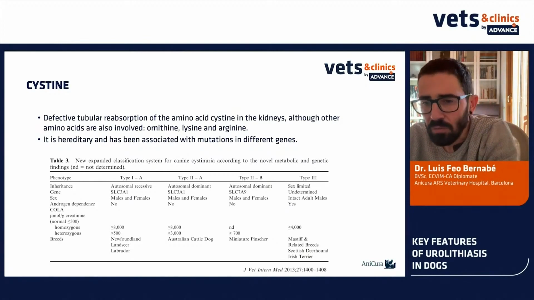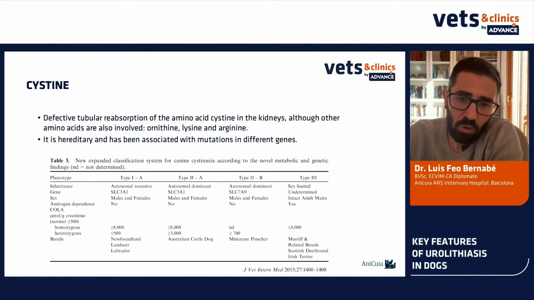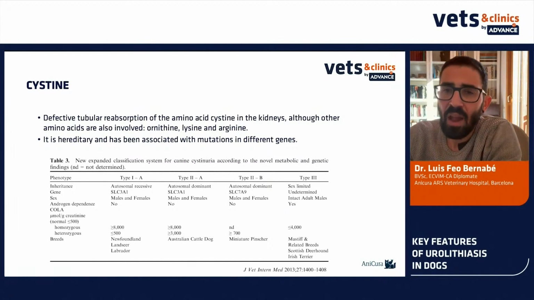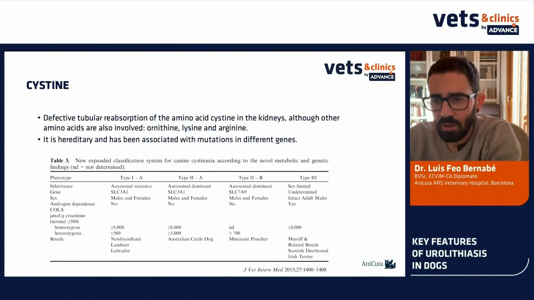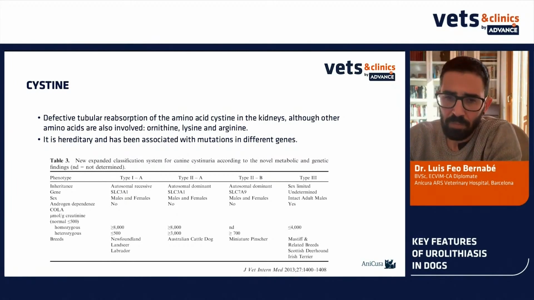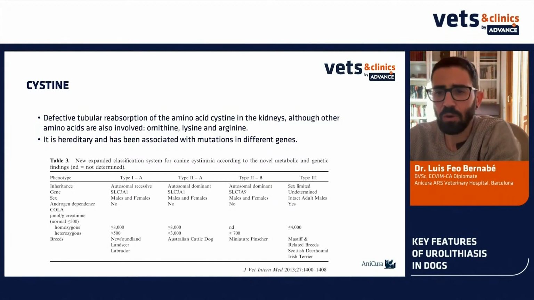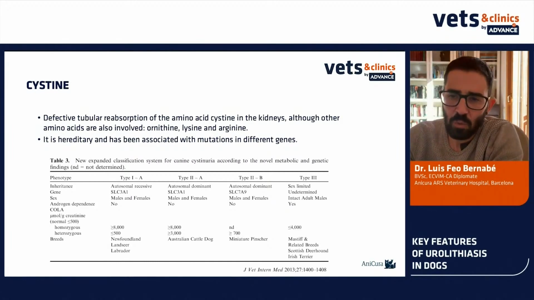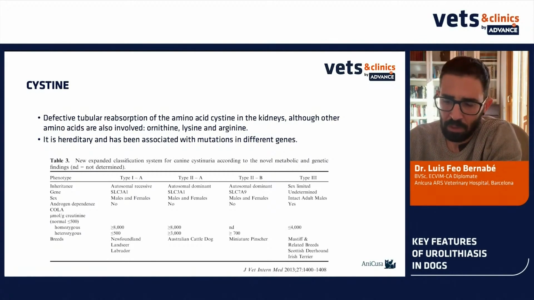However, in one of the types, what we call type 3, it's androgen dependent. So we know it more frequently affects non-castrated males. So we have, for one part, genetic involvement, and for another part, sexual hormone involvement. You have here some of the breeds, but sometimes other breeds can also be affected.